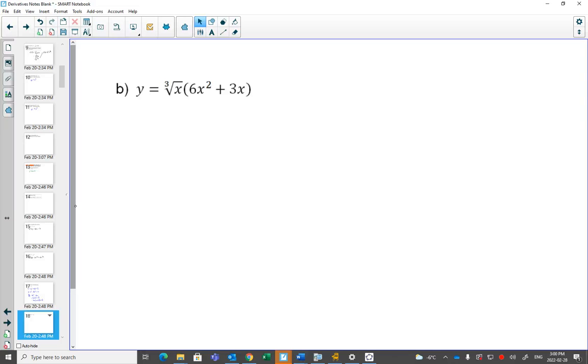Manipulate this one so it's in a form that we're able to do it. An interesting thing about this one, for those of you who already know other rules, there's another rule called the product rule that you could use, but I would actually argue that simplifying it is easier than the product rule.